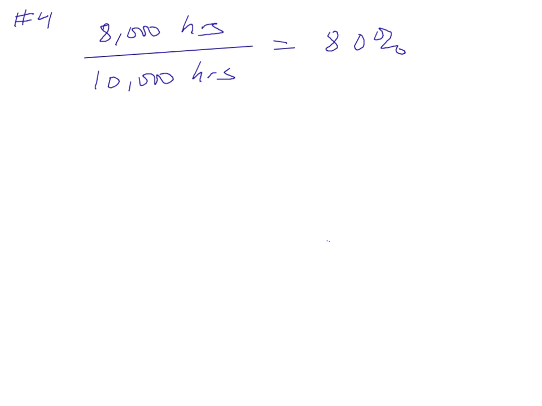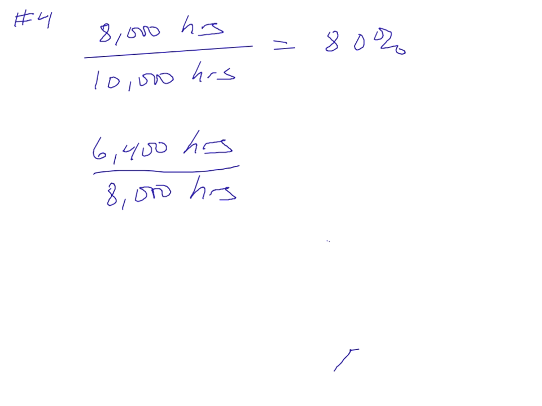Now let's look at unit number 4. Unit number 4, it took 6,400 hours, whereas unit number 2 only took 8,000 hours. So 6,400 divided by 8,000, and again you get 80%. So it's consistent as you go down.